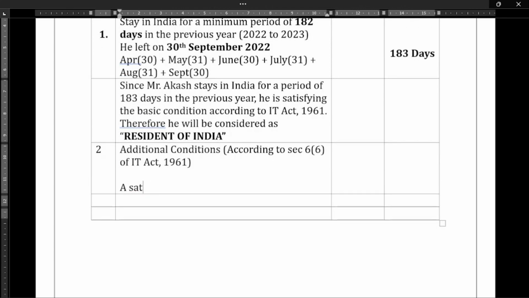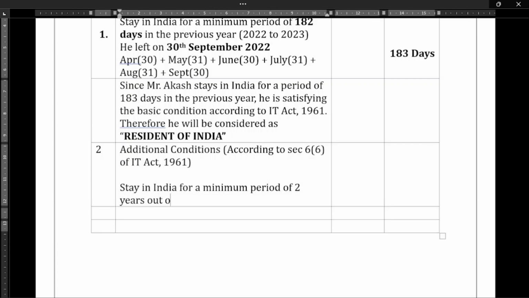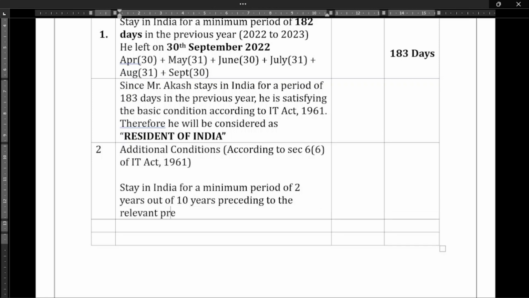First one, stay in India for a minimum period of 2 years out of 10 years preceding the relevant previous year.